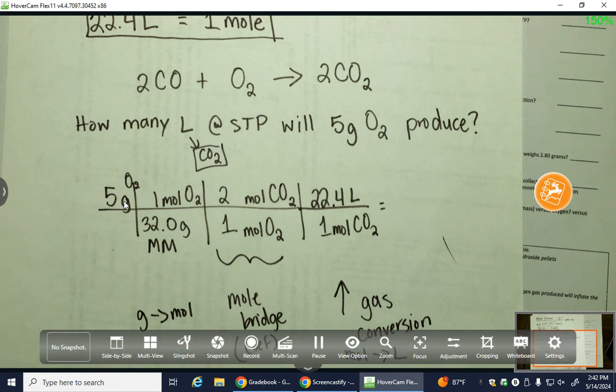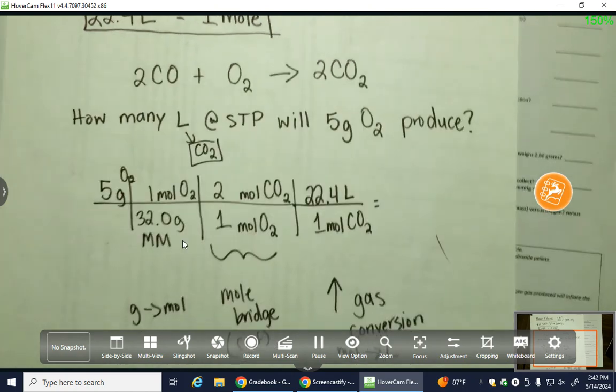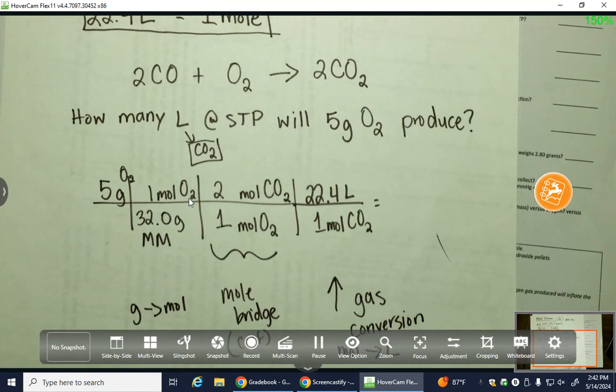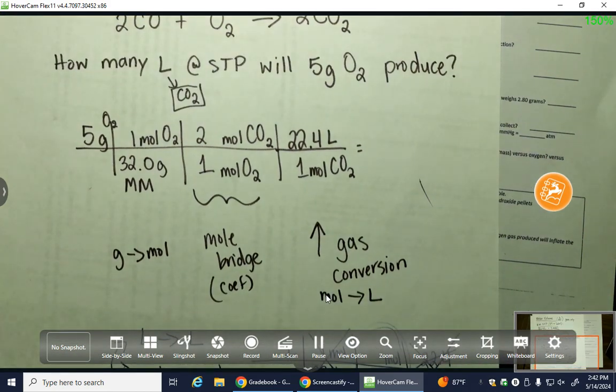So just like when we were learning about stoichiometry, we brought words down to the right. We made a conversion from grams into moles, brought words down to the right. Then we crossed the mole bridge, or the mole ratio, which is coefficients. And then we bring words down to the right. This is the new part that we can use that gas conversion now. Moles to liters is going to be that 22.4 liters for every 1 mole. As long as we're at STP, we can use that.